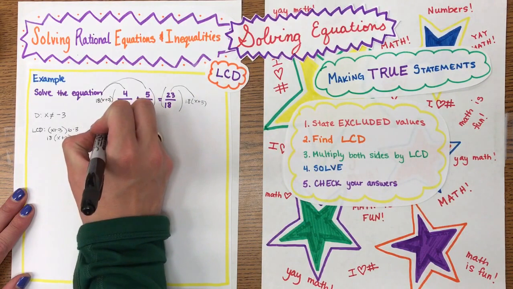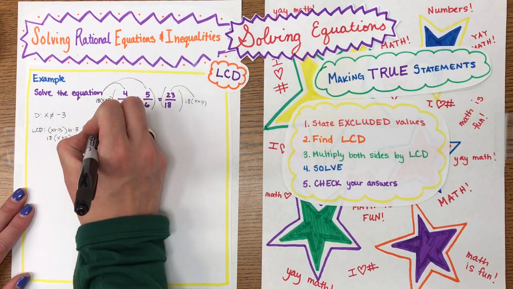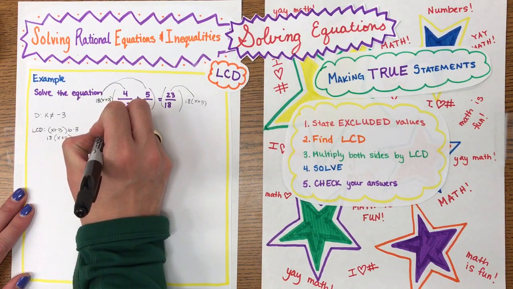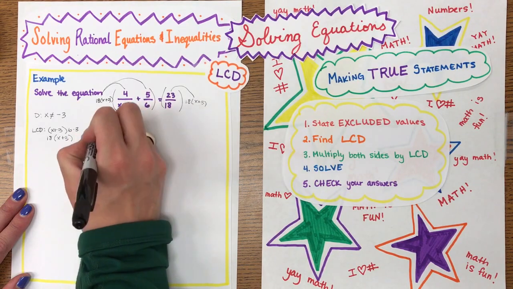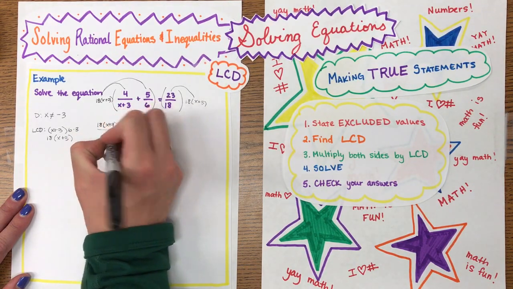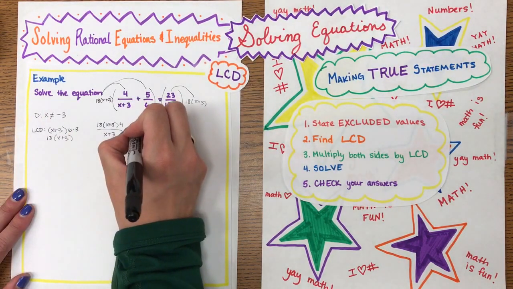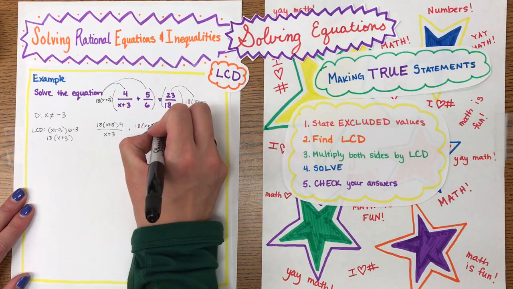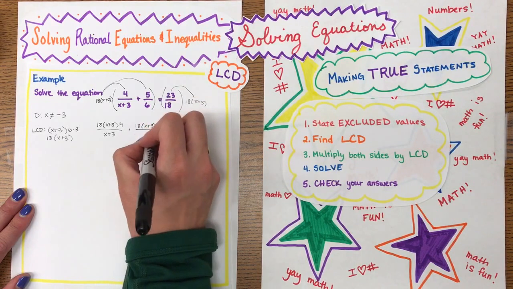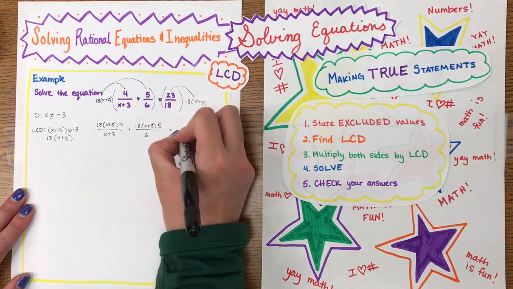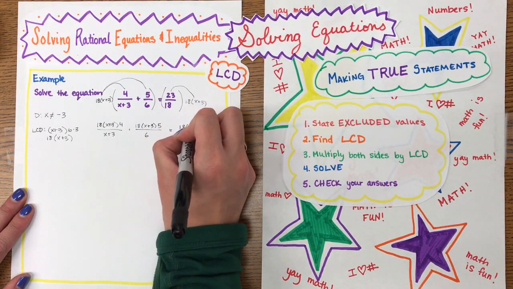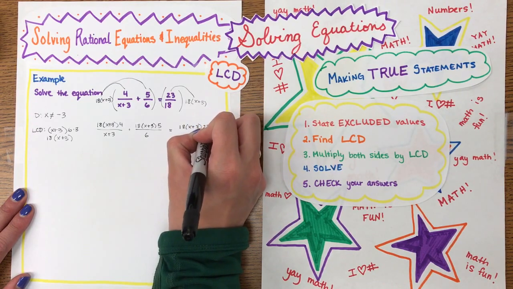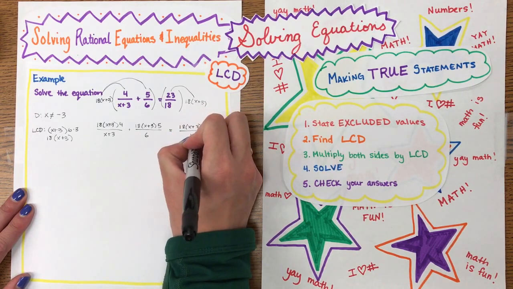So that means I will have 18 times x plus 3 times 4 over x plus 3 plus 18 times x plus 3 times 5 over 6 is equal to 18 times x plus 3 times 23 over 18.